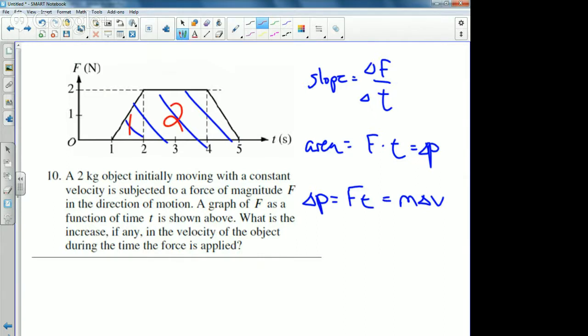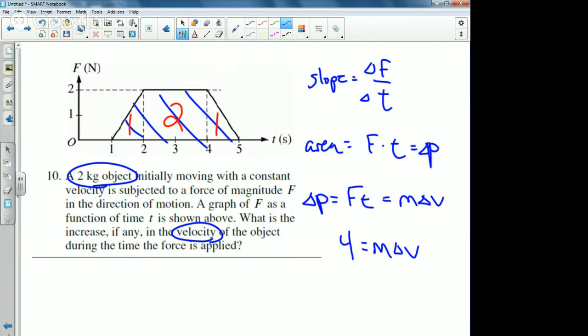So overall, the total area is 4. When we do 4 equals m delta v, they're asking us what is the change in velocity. They gave us a mass over here. The answer delta v would just be 2 meters per second.